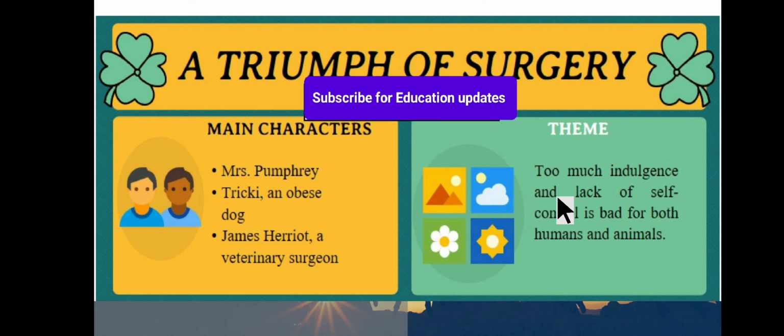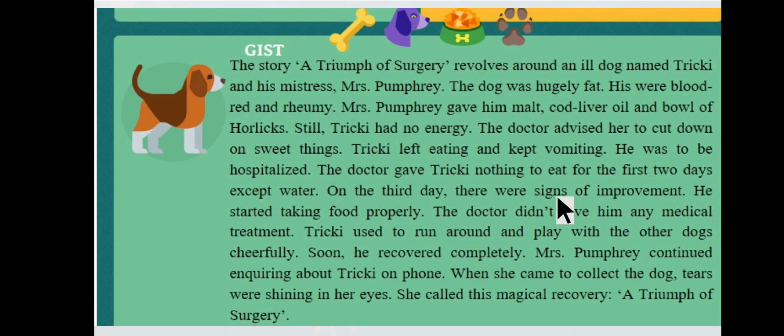Now we will look at the short, sweet summary of the lesson. The story, A Triumph of Surgery, revolves around an ill dog named Tricky and his mistress, Mrs. Pumphrey. Dear students, can you get the two characters here in the first line? Wonderful. Shall we go ahead? The dog was hugely fat. So, how was the dog?